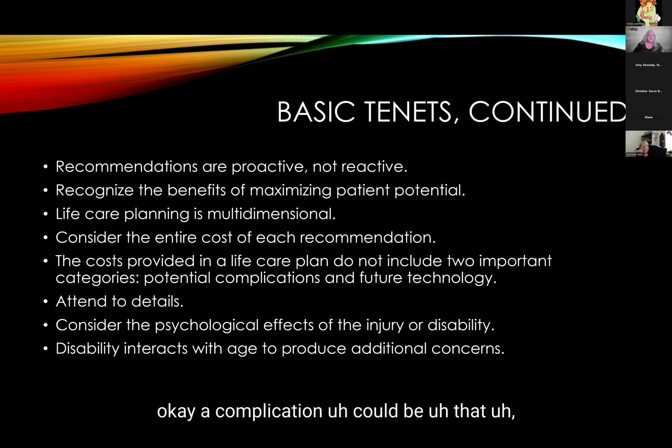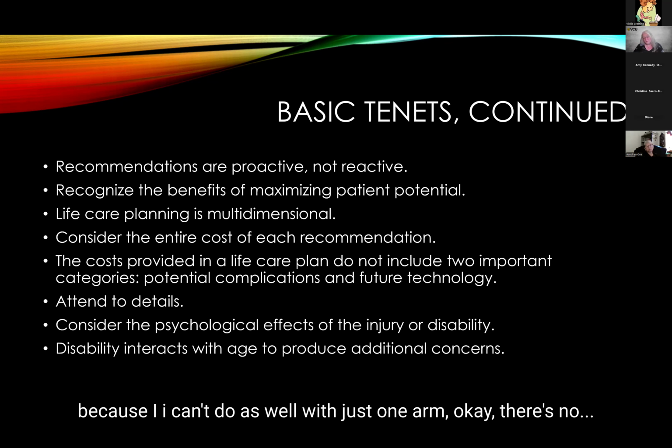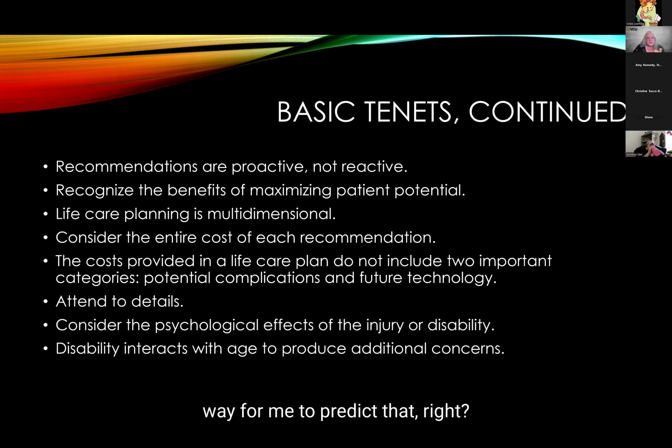A complication could be that I am in a car accident and I lose an arm. And therefore I need a power chair because I can't do as well with just one arm. There's no way for me to predict that, right?